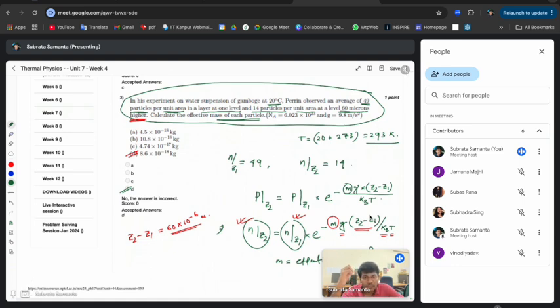Okay, so far any questions, any doubt? The average 49 particles per unit area in a layer, that basically means it's number density.